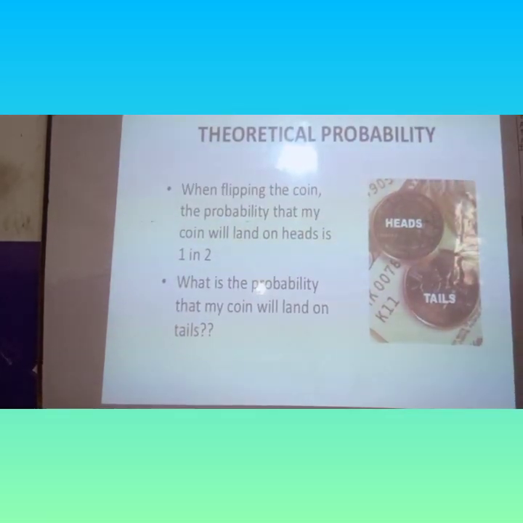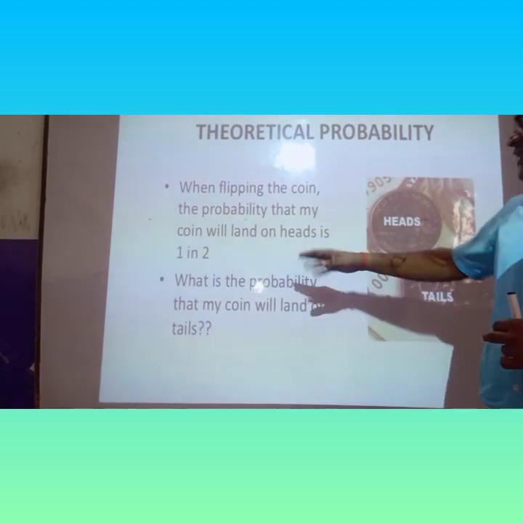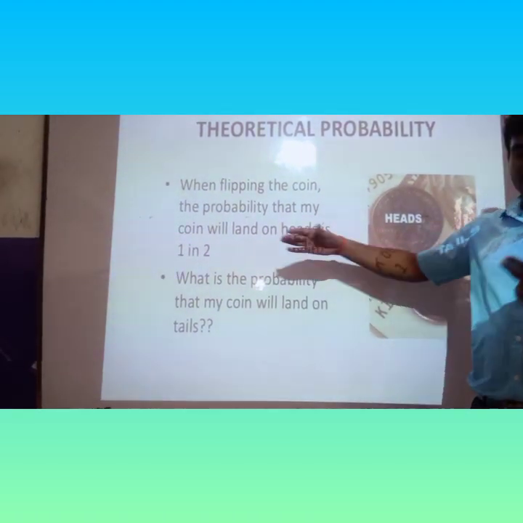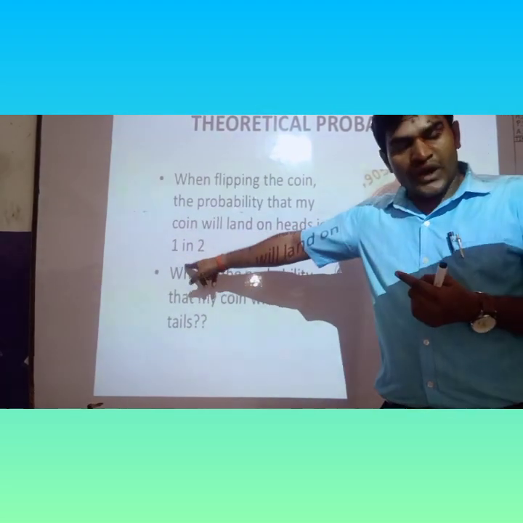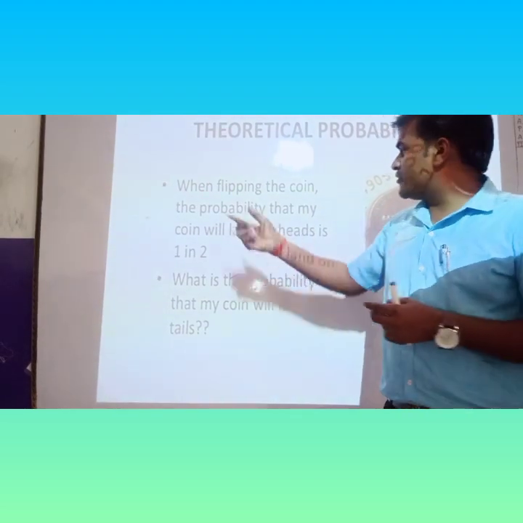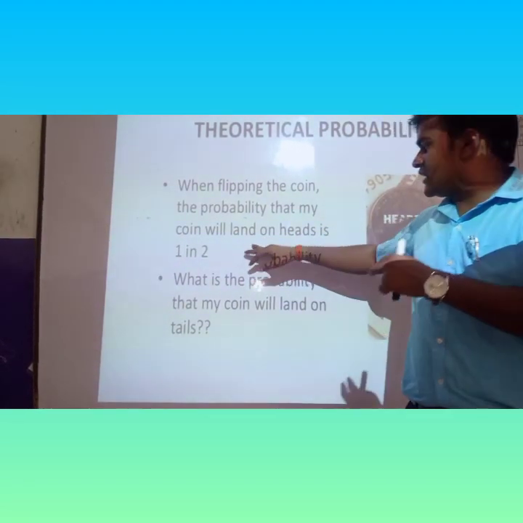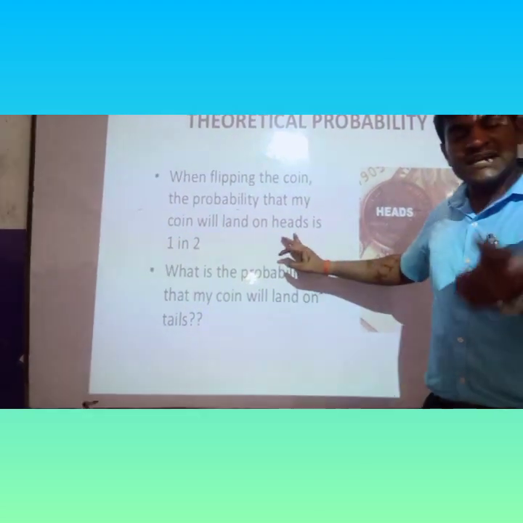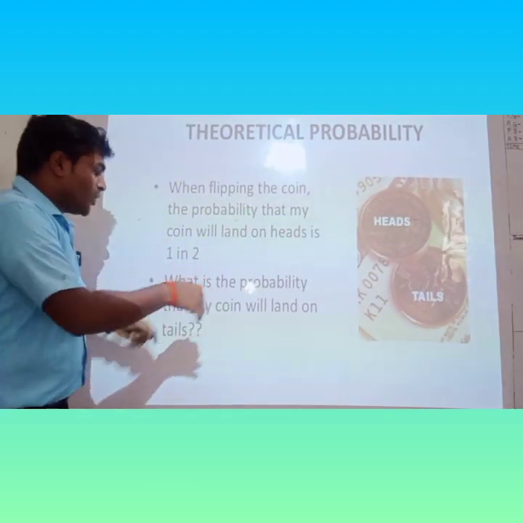So children, when flipping the coin, the probability that the coin will land on heads is 1 in 2. Because there is only one head and the possible outcomes are 2. So 1 in 2.